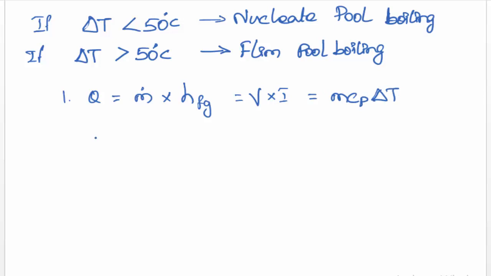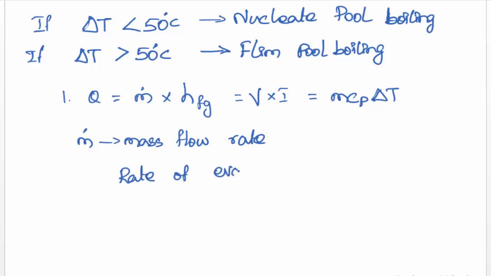Here m dot is nothing but your mass flow rate, or rate of evaporation, or it can be called the rate of boiling. So in the problem, if it is asked to find out the rate of evaporation or rate of boiling, then you have to find out the value of m dot.